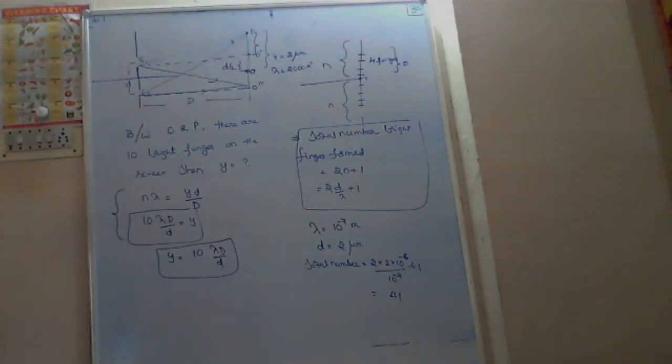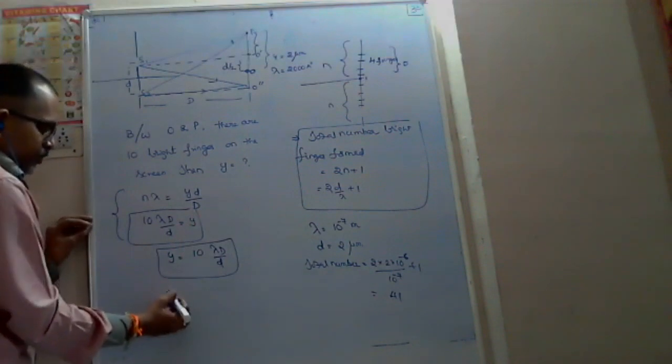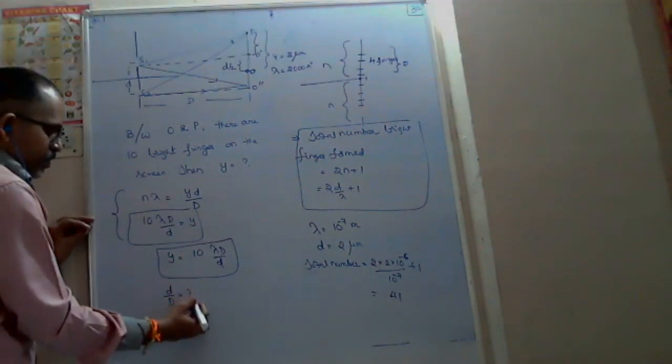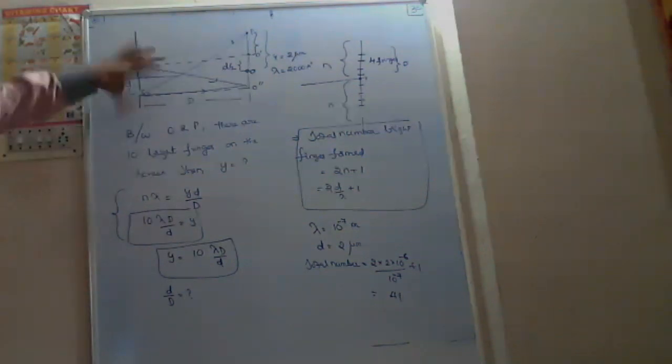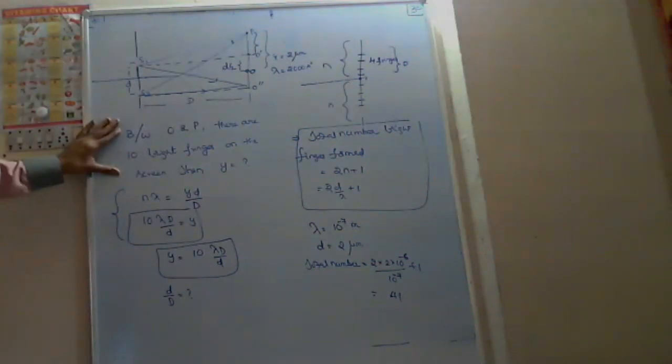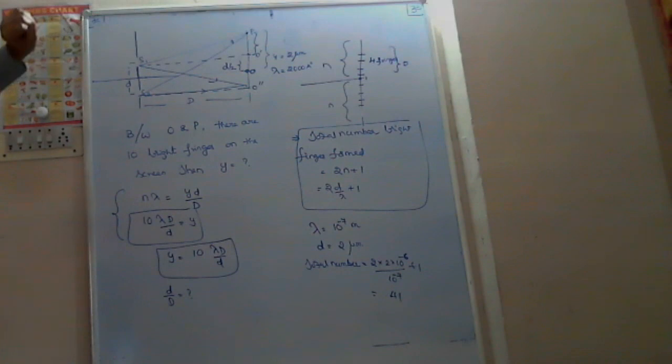Then the ratio of d by D equals? Again the same. Between O and P, there are 10 bright fringes. In that question, I am giving extra information: y equals 2 micrometer, lambda equals 2000. Then small d by capital D equals how much?